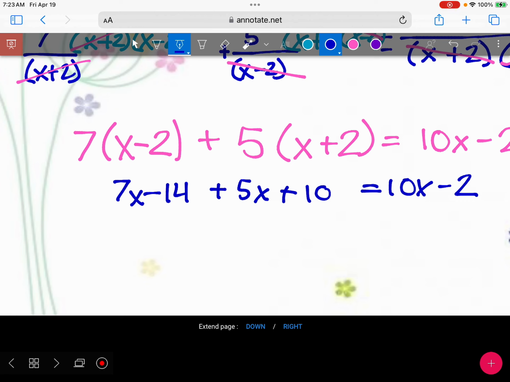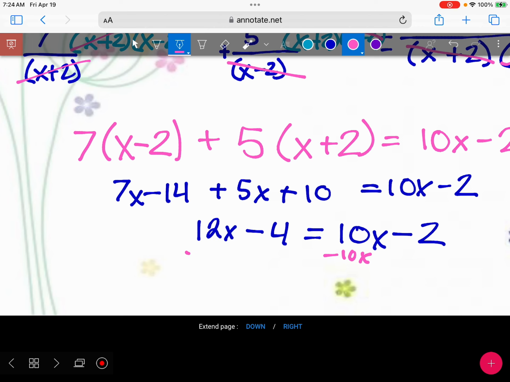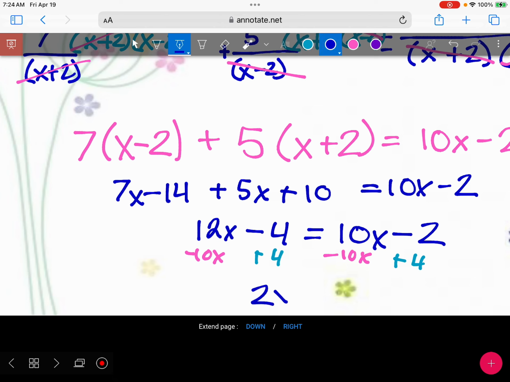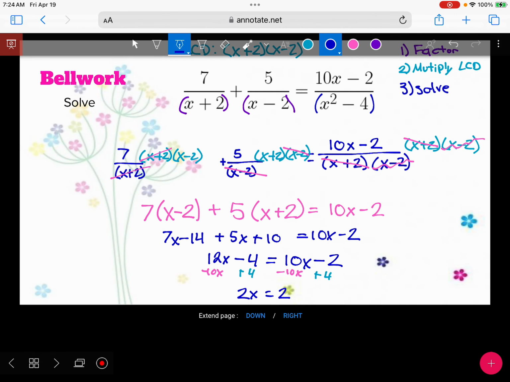Combine our like terms together, and we're going to have 12x minus 4 equals 10x minus 2. Finish solving this out by subtracting 10x from both sides and adding 4 to both sides to get that 2x equals 2, which means x equals 1.